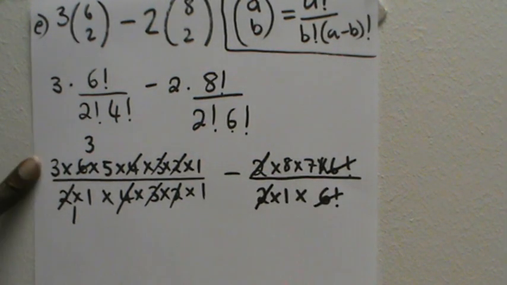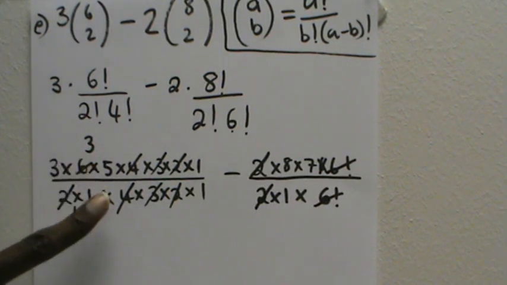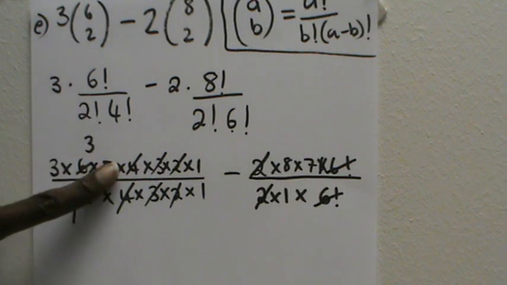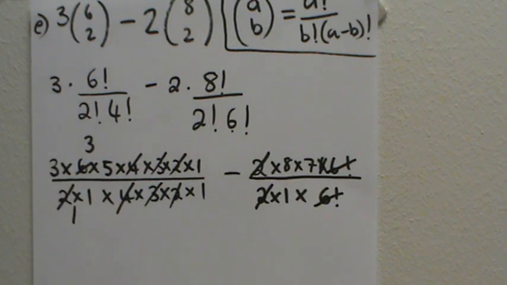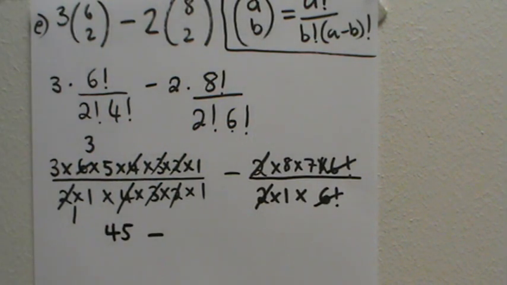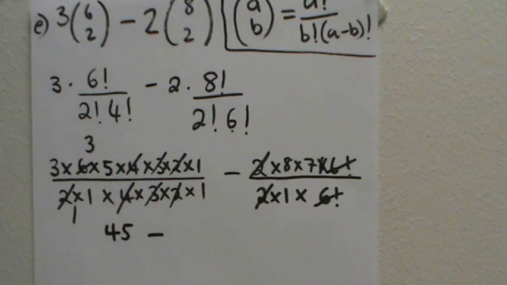So I look at my numerator in the first fraction. What is left? I have 3 times 3 times 5. 3 times 3 is 9. 9 times 5 is 45, I think. And then in the second fraction, I have 8 times 7. That should be 56.